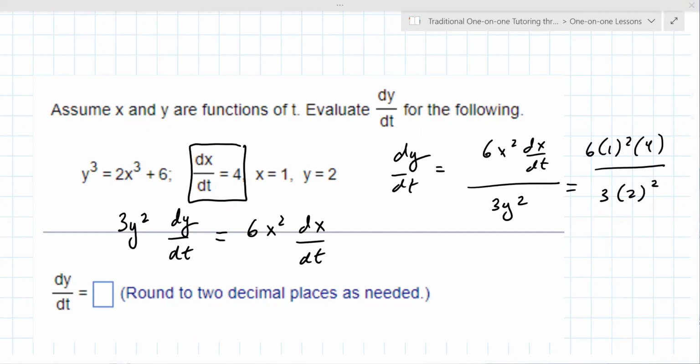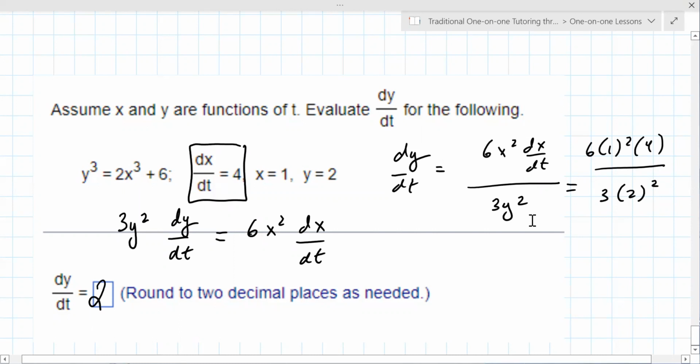I don't know why they can't all be like that, but let me just check this one. It ends up being just 2. Let me check this one more time. 6x squared dx/dt over 3y squared.